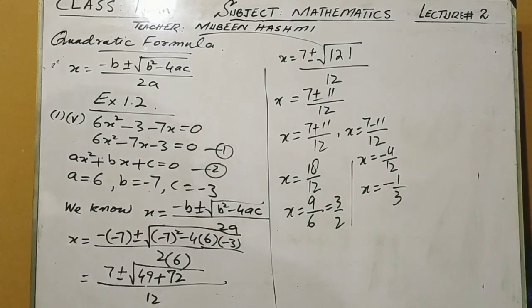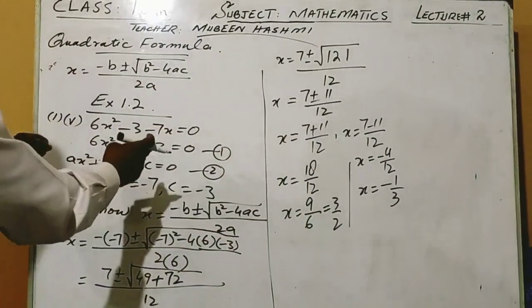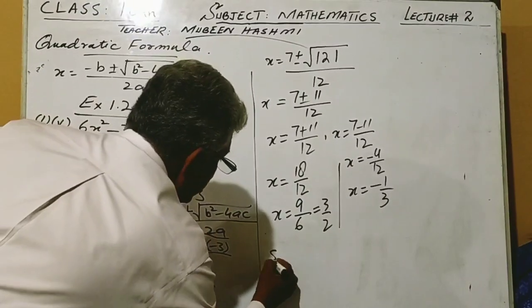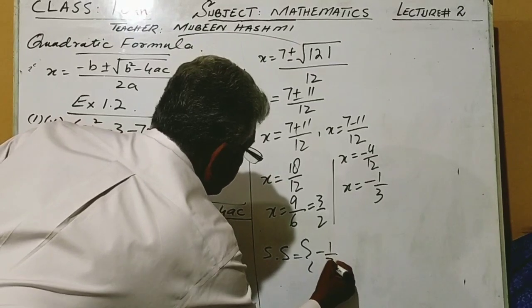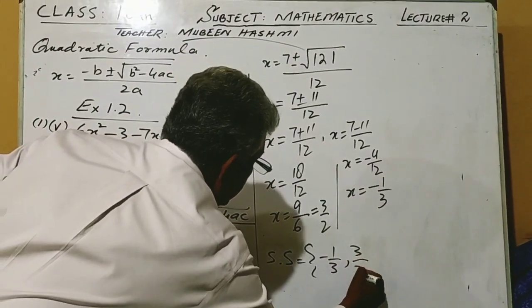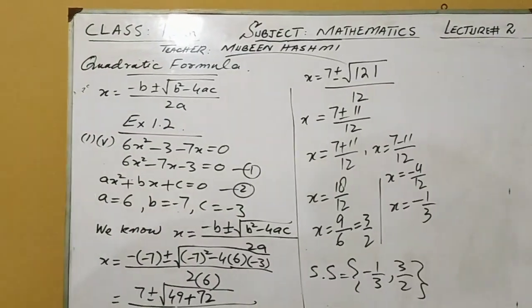So these are the two roots of this quadratic equation, and the solution set is minus 1 upon 3, 3 upon 2. Okay? The rest of the questions are similar.